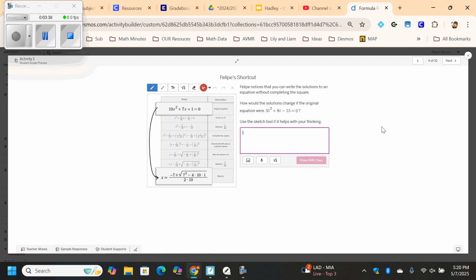Okay, so it says, Philippe notices that you can write the solution to an equation without completing the square. How would the solution change if the original equation were 3x squared plus 8x minus 15? So it would become x, I'm trying to type it in, x equals the opposite of 8, okay?